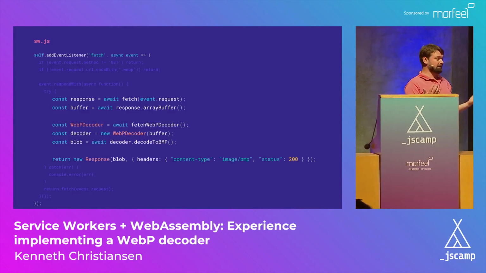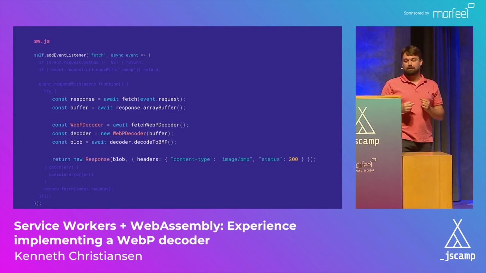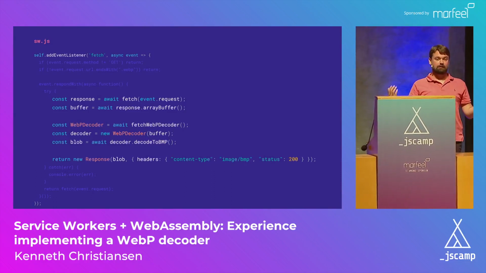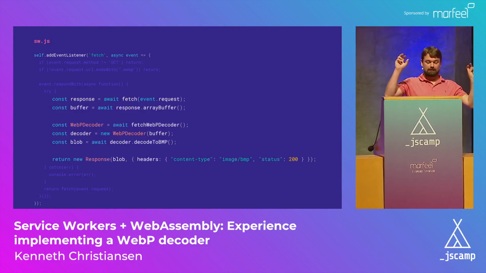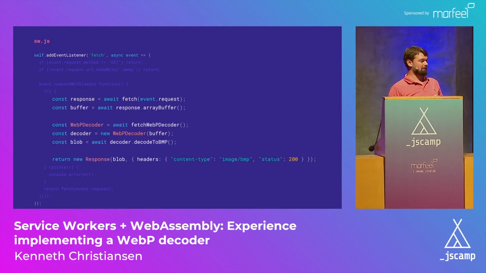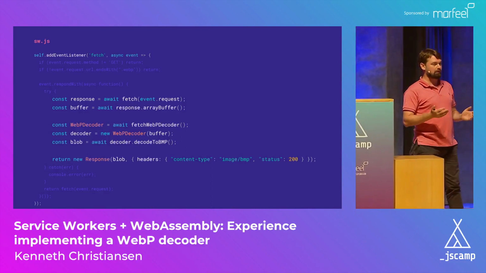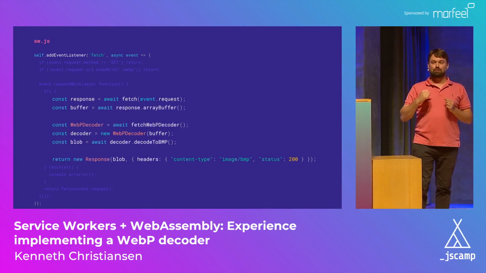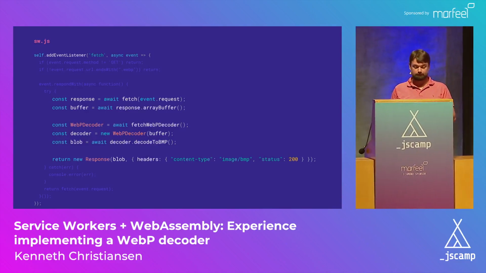Then I go out and get the original source, the actual WebP file, and I get the data of it, which is called the .arrayBuffer. Then I access my WebAssembly module. A service worker gets killed when you don't use it for a while, so you always have to get the WebAssembly again if it got killed.